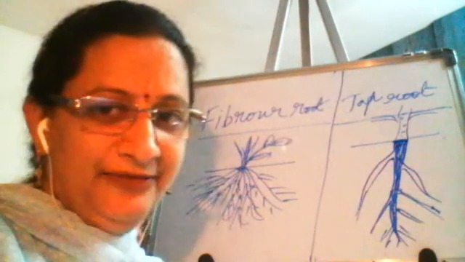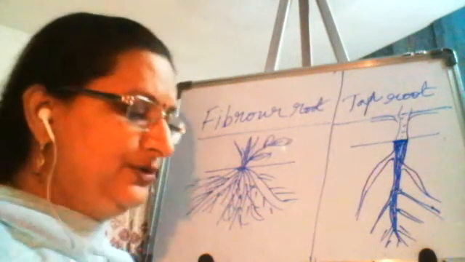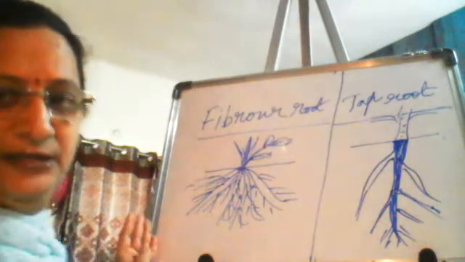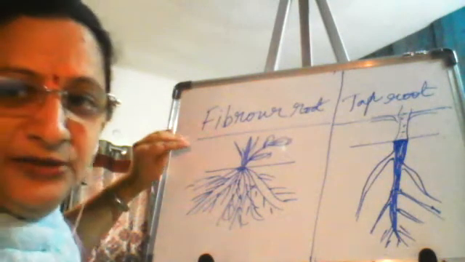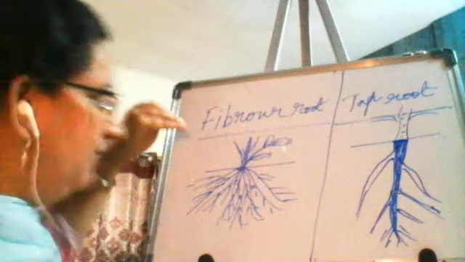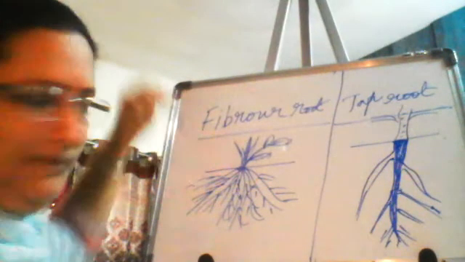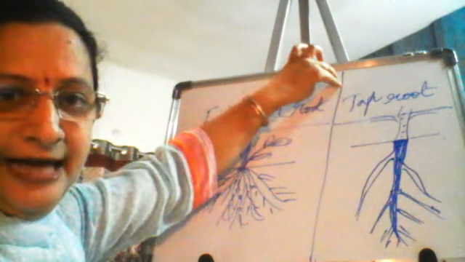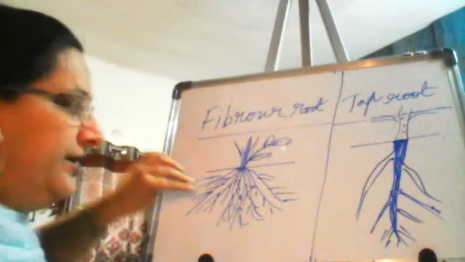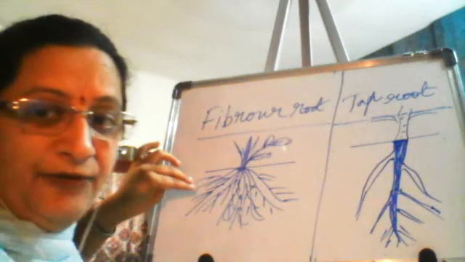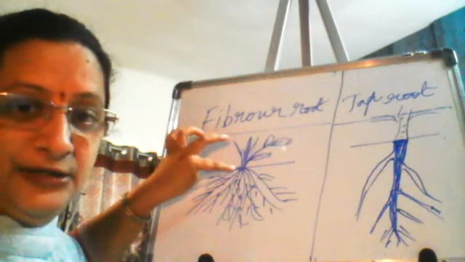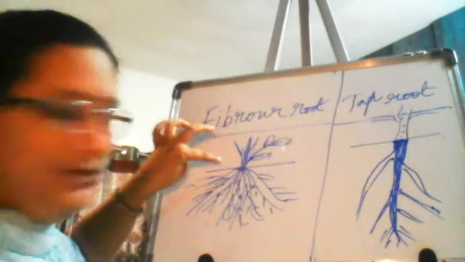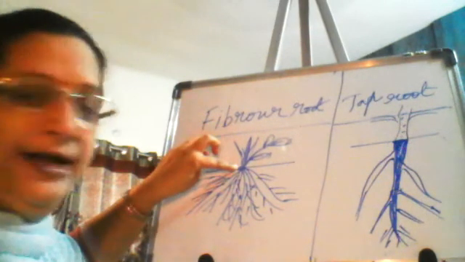The plants having the tap roots. So what did we understand from this explanation? We have understood the two kinds of root systems in plants. One is the fibrous root system, the other one is the tap root system. So what is the feature of the fibrous root? A group of roots or a cluster of roots start growing from the end point of the stem.